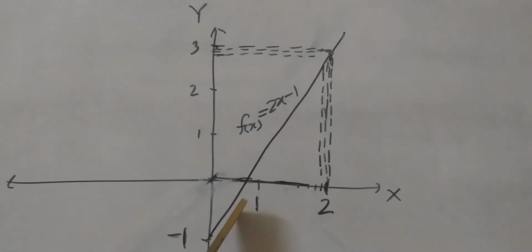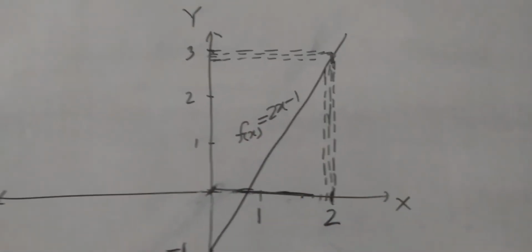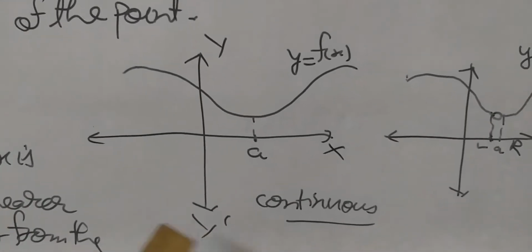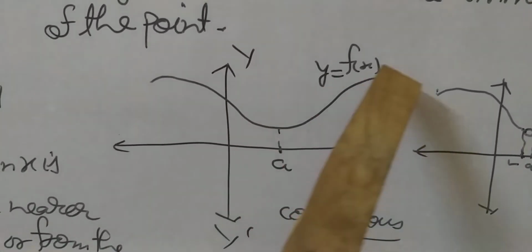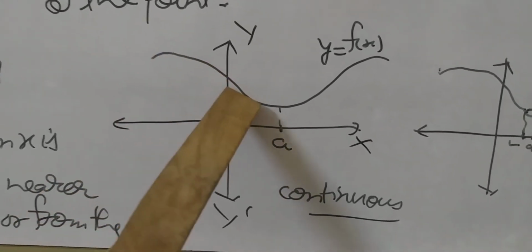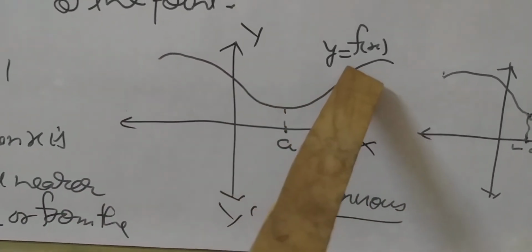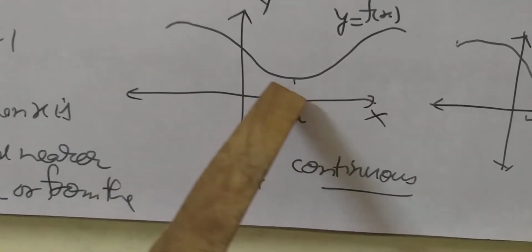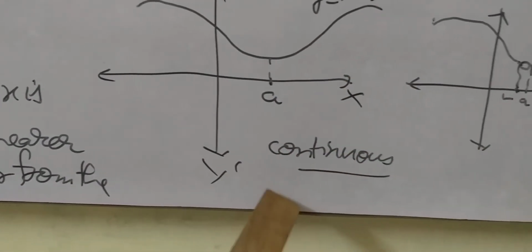It means the function is continuous at x equal to 2. Let us check more graphs, students. You can check in this graph y equals f(x). There is no break, no jump, no hole, so it is continuous.